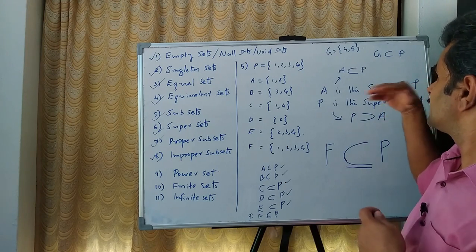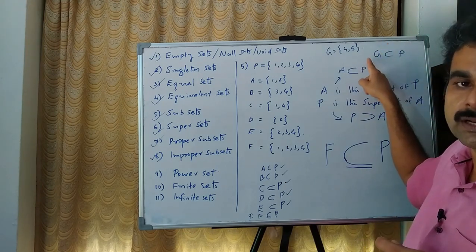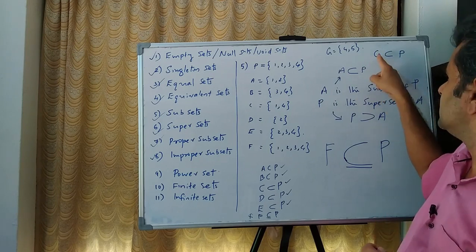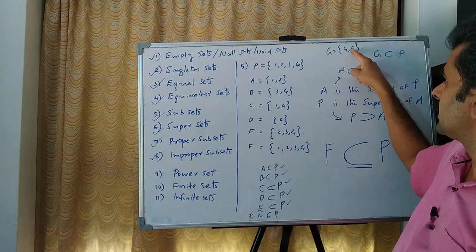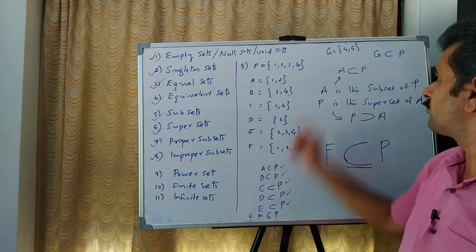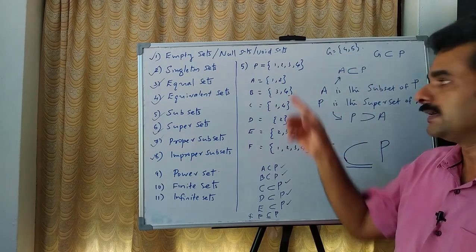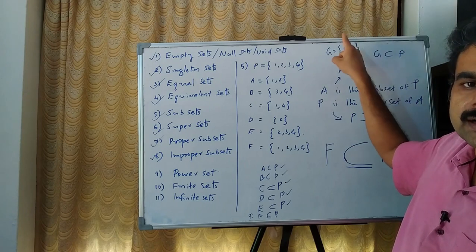Suddenly we may say that this is a proper subset or subset, but actually G is not a subset because G is made up of the elements 4 and 5, but this 5 is an extra one which cannot be seen here. 5 is not in this set. So this is what? Not a subset.